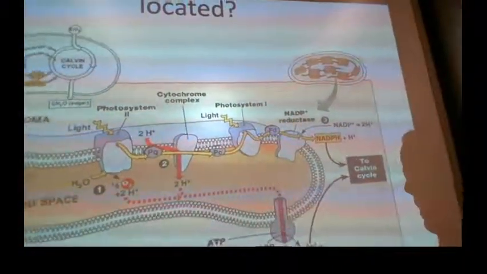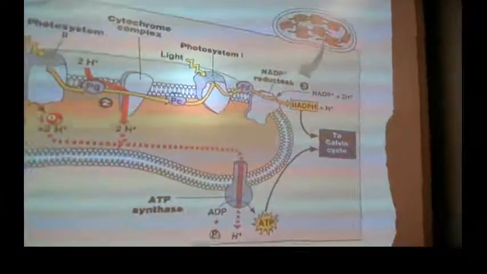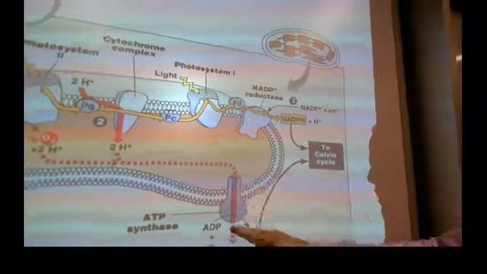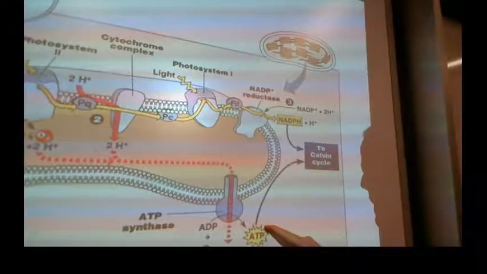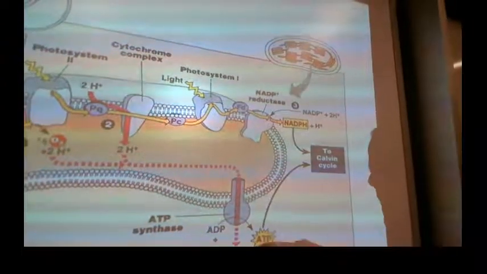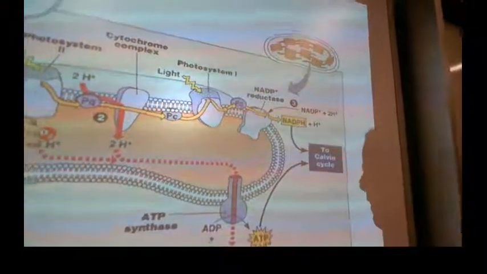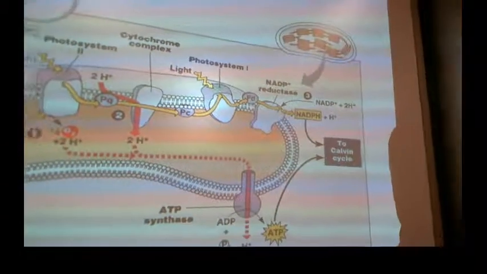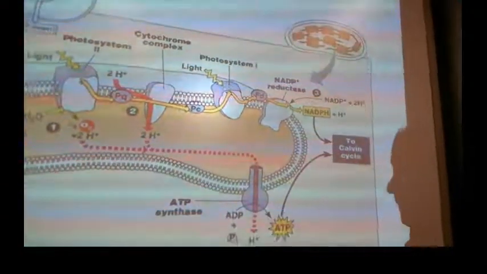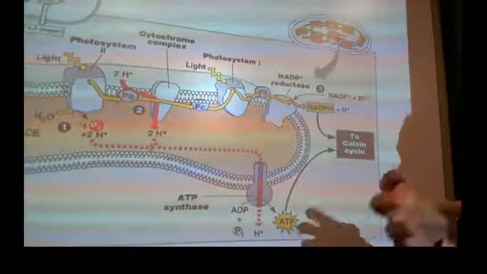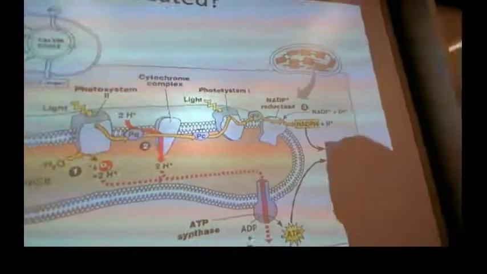Those hydrogens are then going to move via diffusion through what's called ATP synthase to create ATP. ATP is going to go to the Calvin cycle, and NADPH is also going to go to the Calvin cycle. So remember, the whole point.